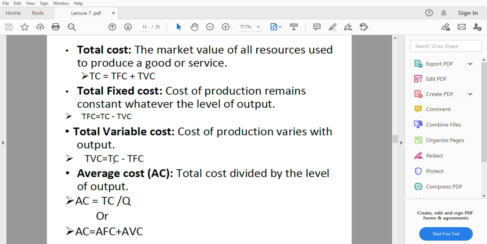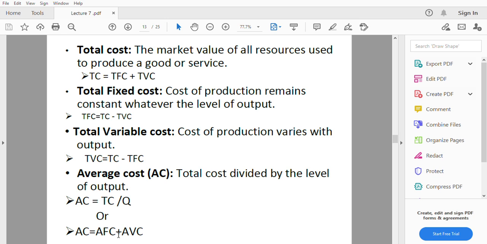The next is average cost. Average cost is the total cost divided by the level of output. So total cost divided by Q, and it's also the average fixed cost plus the average variable cost. Average fixed cost can be computed by dividing total fixed cost by quantity, and average variable cost is total variable cost divided by quantity.